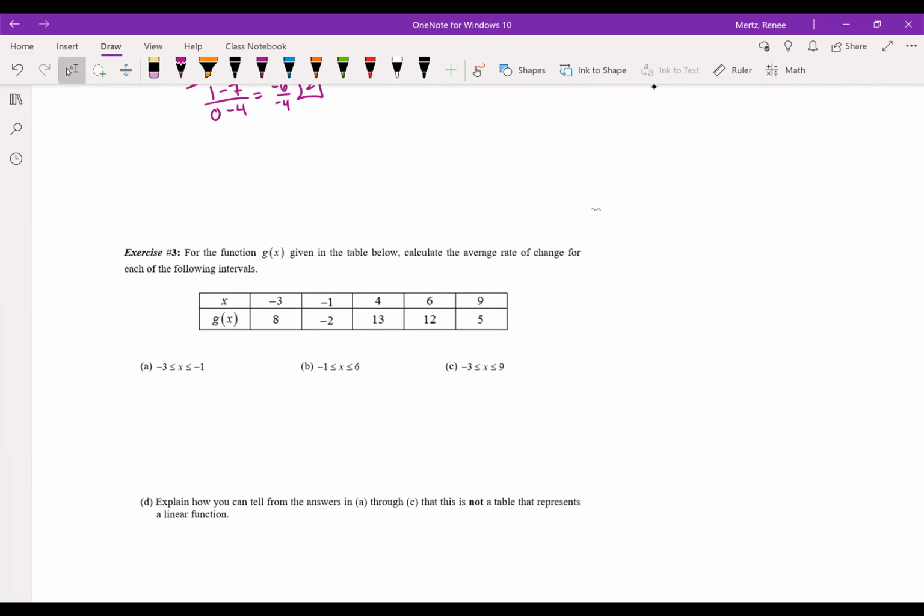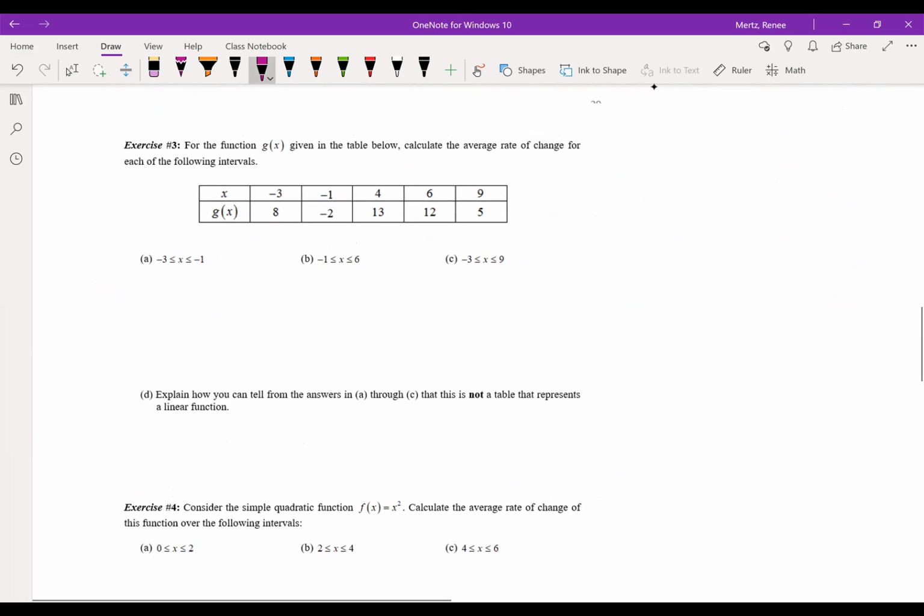Now we're going to be given a table. Basically, we're doing the same thing. So I'm looking at -3 and -1. I make myself my own little chart. X, Y at -3. I have an 8, at -1 I have a -2.